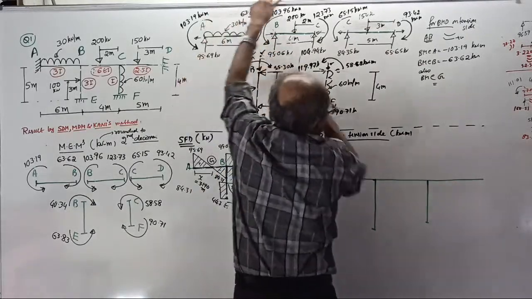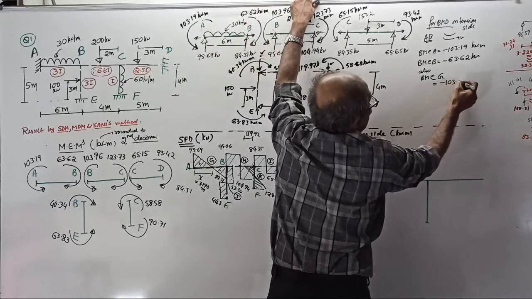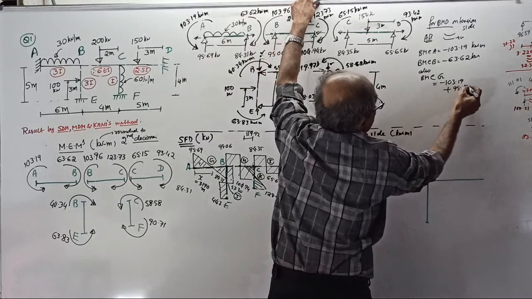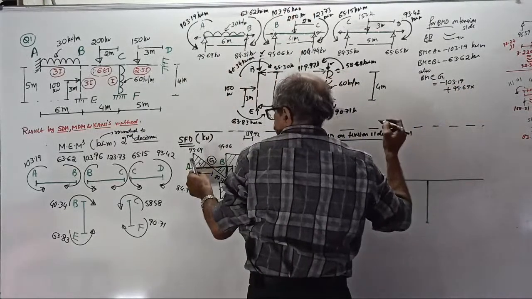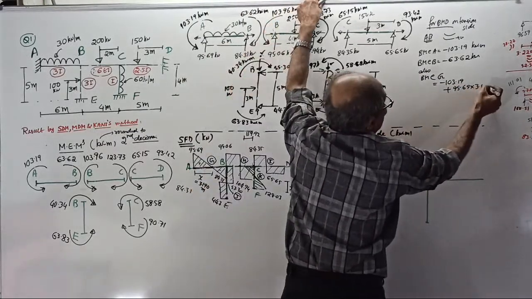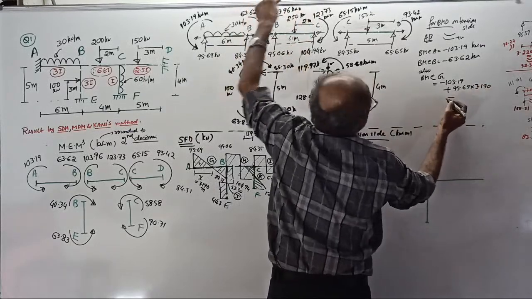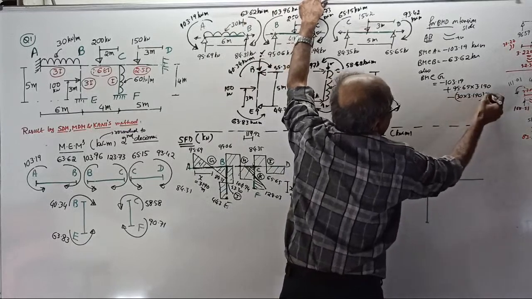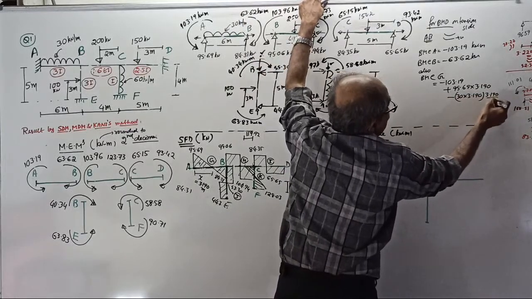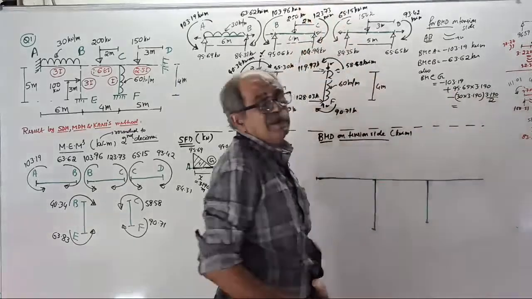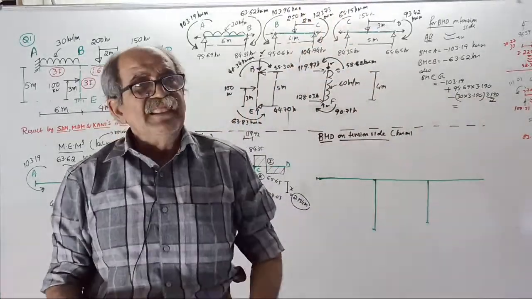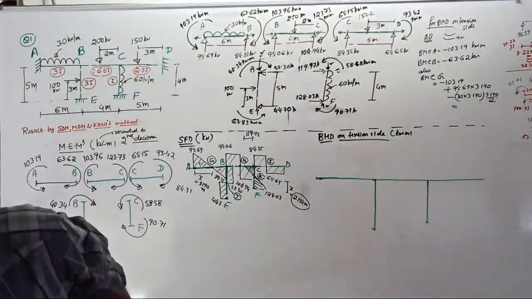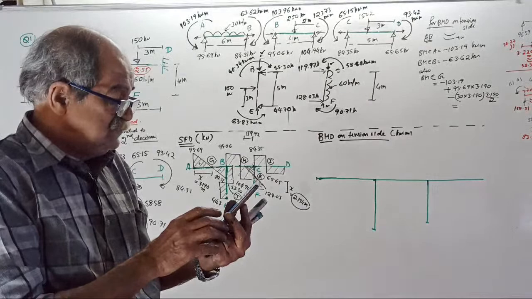So minus 103.19 plus 95.69 into 3.190 minus 30 into 3.190 into 3.190 divided by 2. Tell the answer to me. Tell the answer with sign. Remaining members, you have to do it. Remaining, I will dictate, you should do it. Tell the answer.